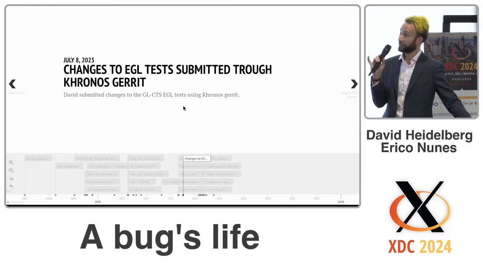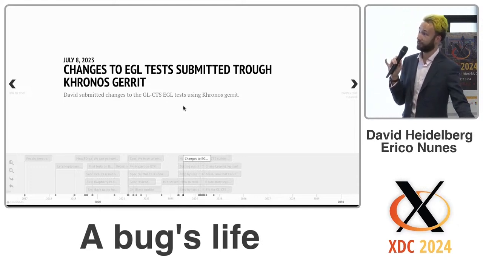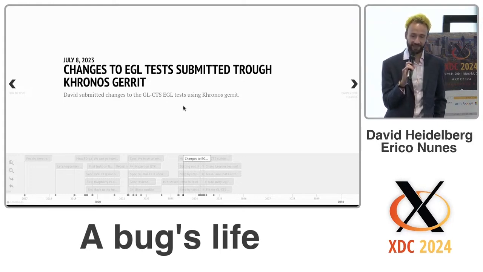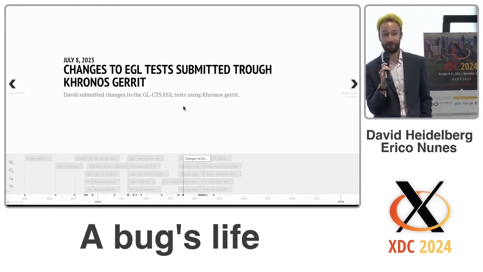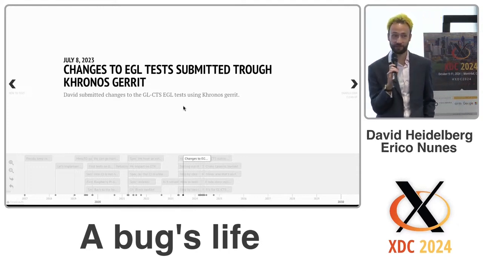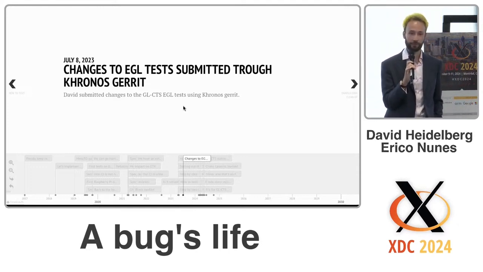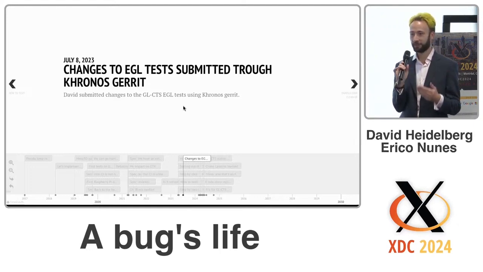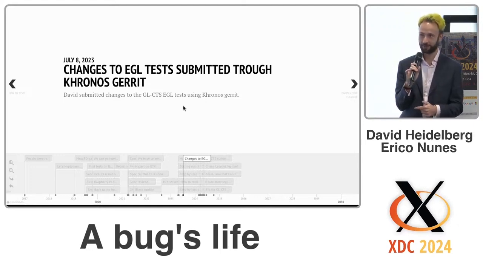And you can see from the previous slide where I mentioned I sent the CTS fixes through GitHub, right? Yeah. So that got rejected because I was working with Collabora. When you're working with a partner, you need to submit through Gerrit, Khronos Gerrit.